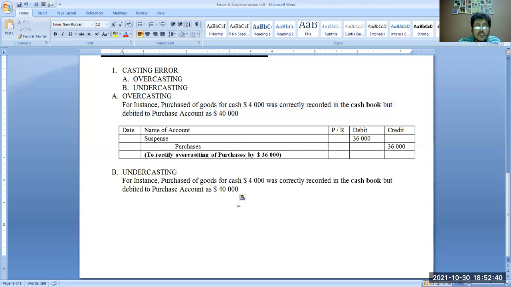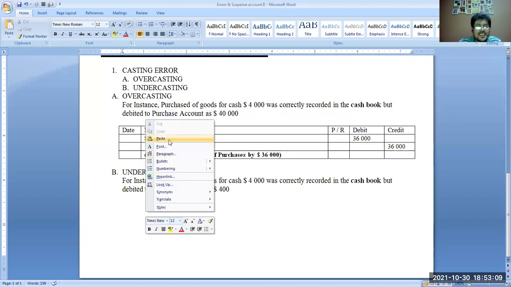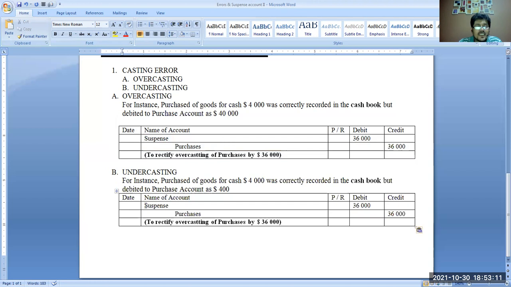Now, this time, purchase of 4,000 was recorded as 400. Correctly in the cash book, we have credited the cash column with the same amount, 4,000. But this time we have debited the purchase account by 400. This is undercasting. So what will we do? The entry would be different.